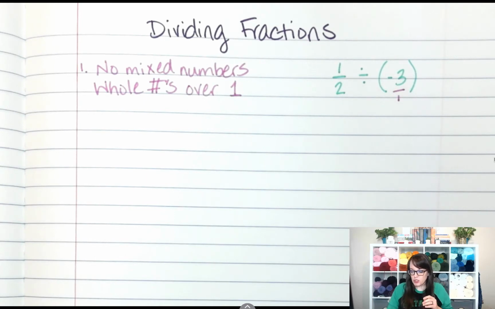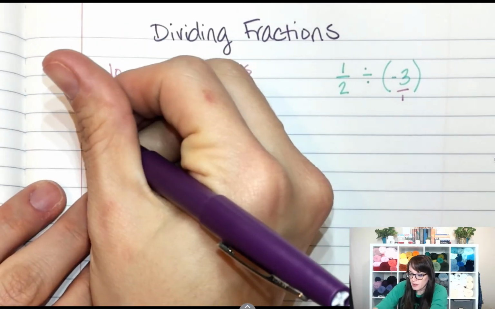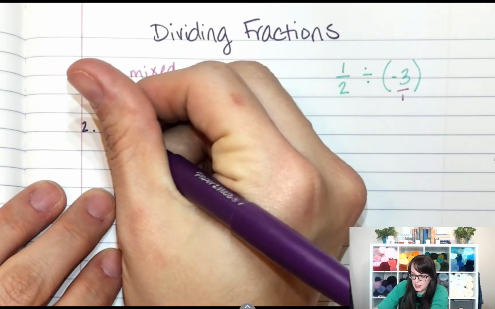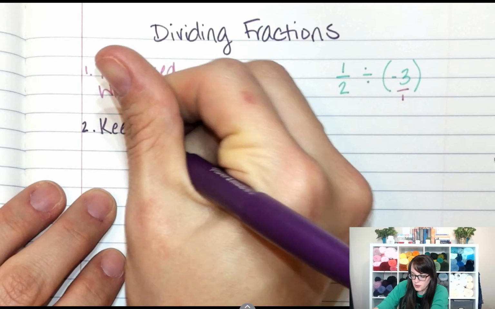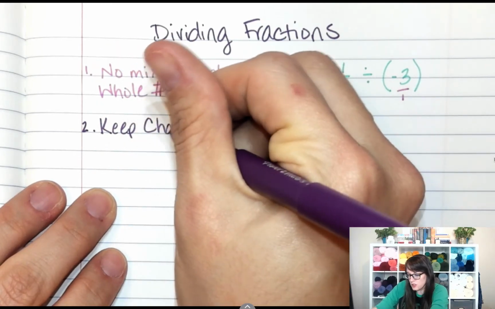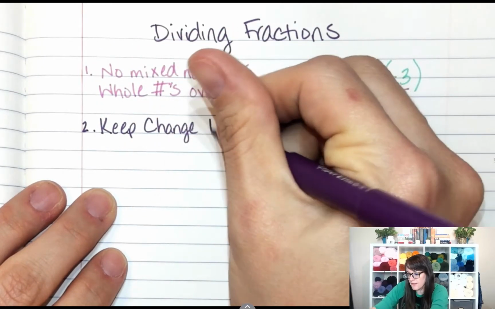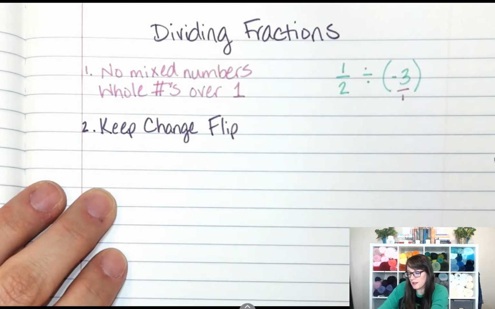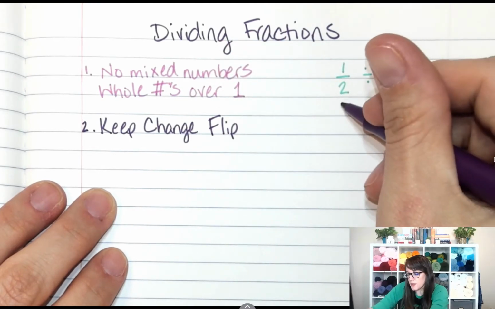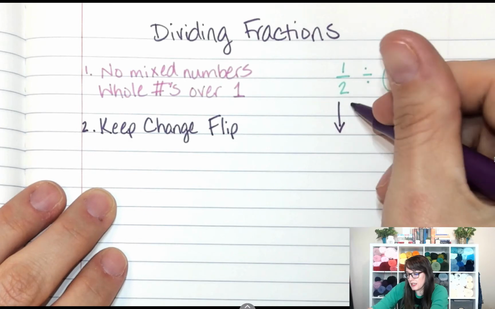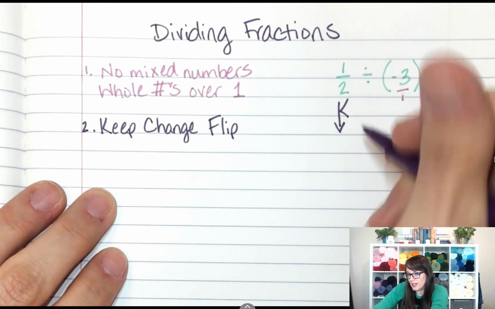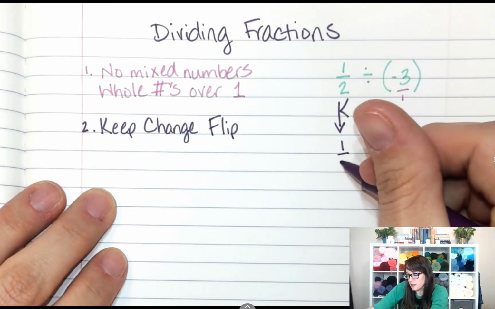Alright, so step 2, where we're going to keep, change, flip. K, keep, C, change, flip. I write mine kind of weird. So we're going to keep 1/2 as 1/2.